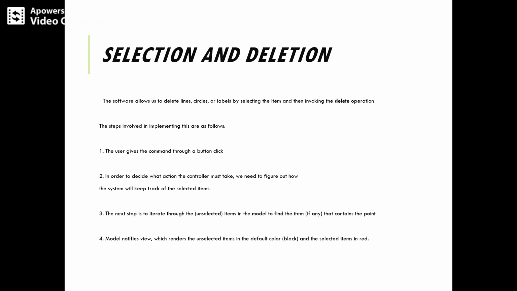Moving to the next step, the controller iterates through the unselected items in the model to find the item, if any, whose bracket contains the point.